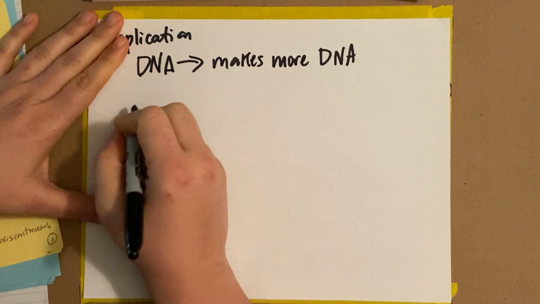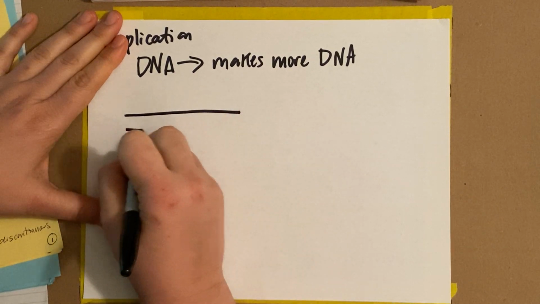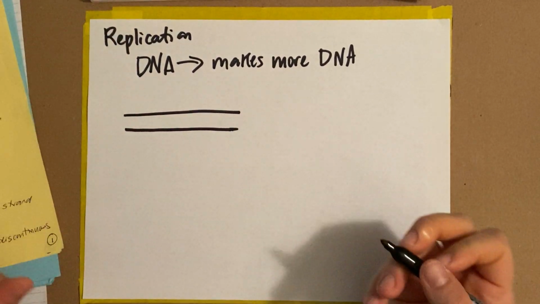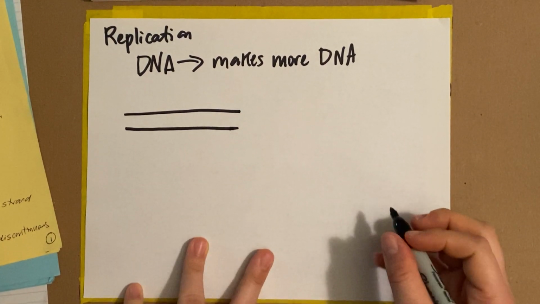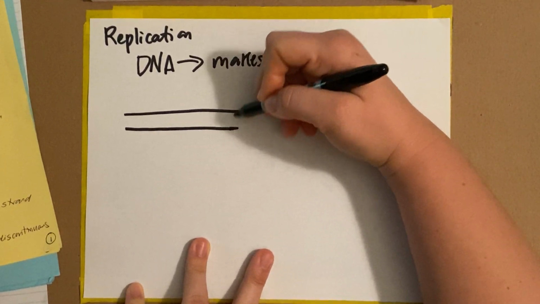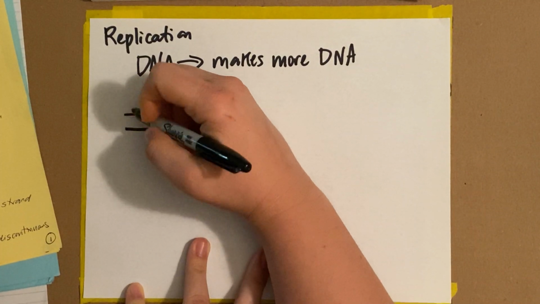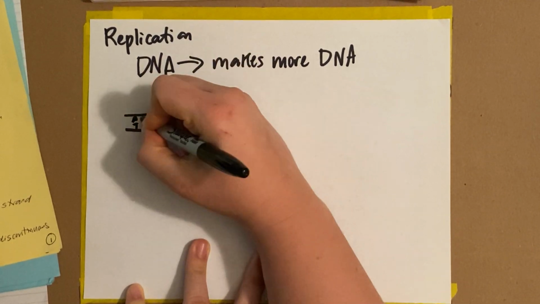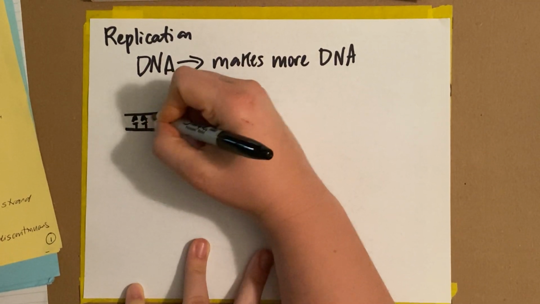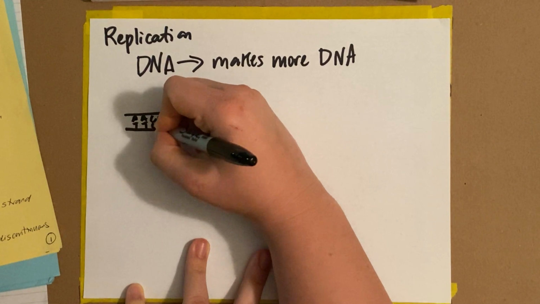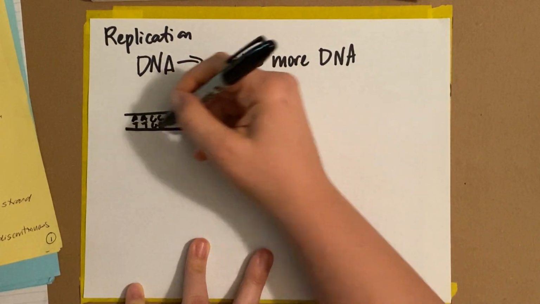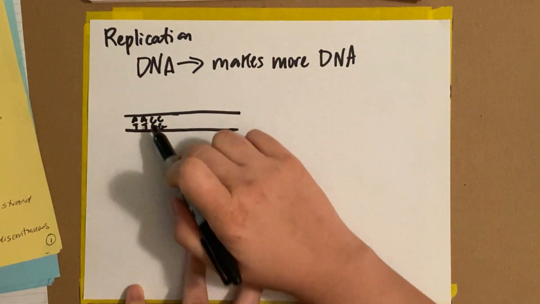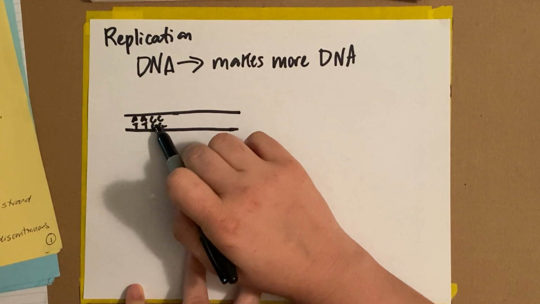So we're going to start with a set of DNA, and I'm not going to draw it in its double helix form because that's too difficult, but I'm going to draw the two strands. And I'm not going to draw all the bases in, but right here you'd have A, T, A, T, G, C, C, G, G, something like that. These would be the bases, and they're all bound to each other based on their complementary binding.